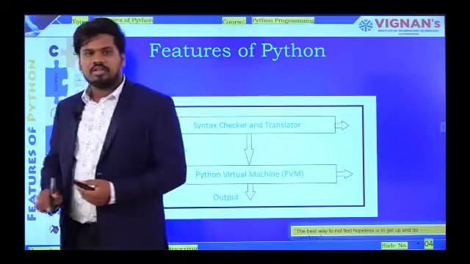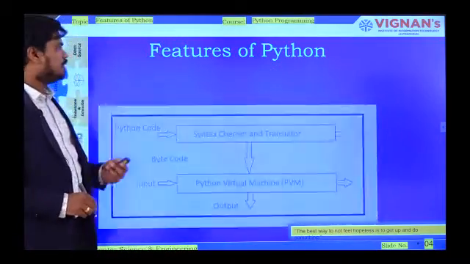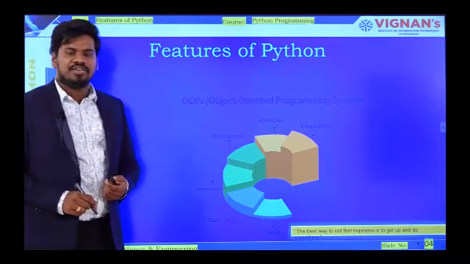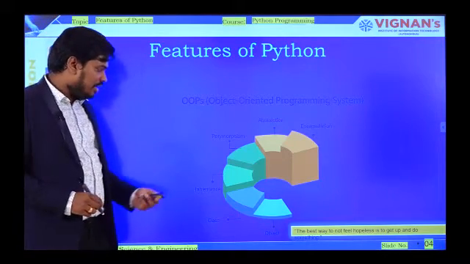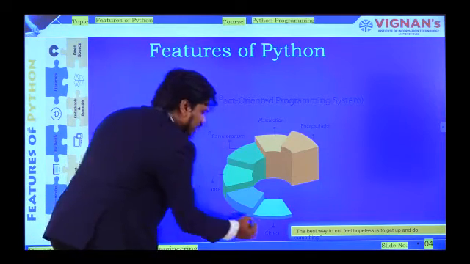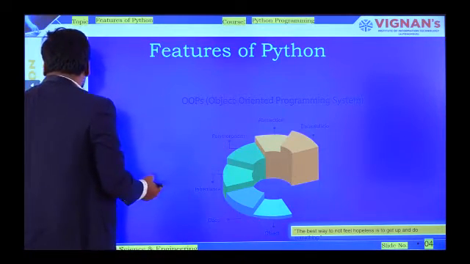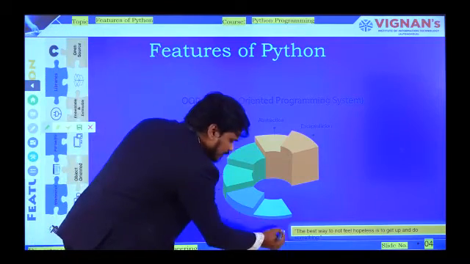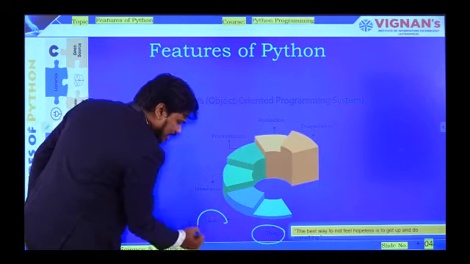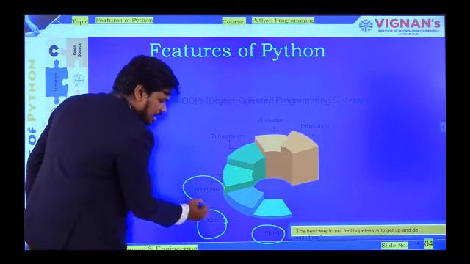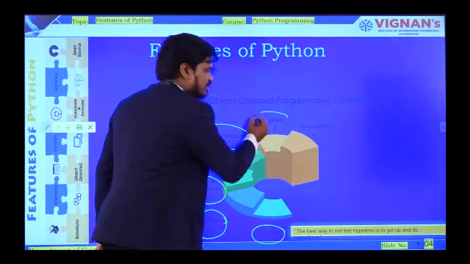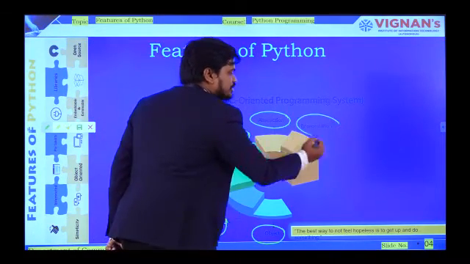Coming to the next important point, Python is an object-oriented programming language. This is one of the important features. If you observe the graph here, in Python we have objects. I can create a class. Inheritance is there, polymorphism is there, abstraction is there, and encapsulation is there.